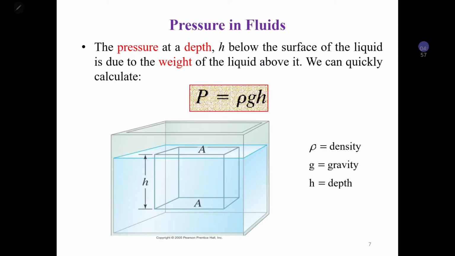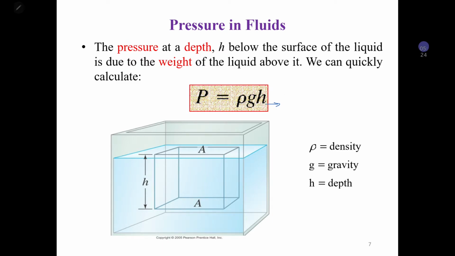Okay, so in a fluid, we can calculate the pressure if we know the height of the fluid. We can use this equation to calculate the pressure in a fluid.